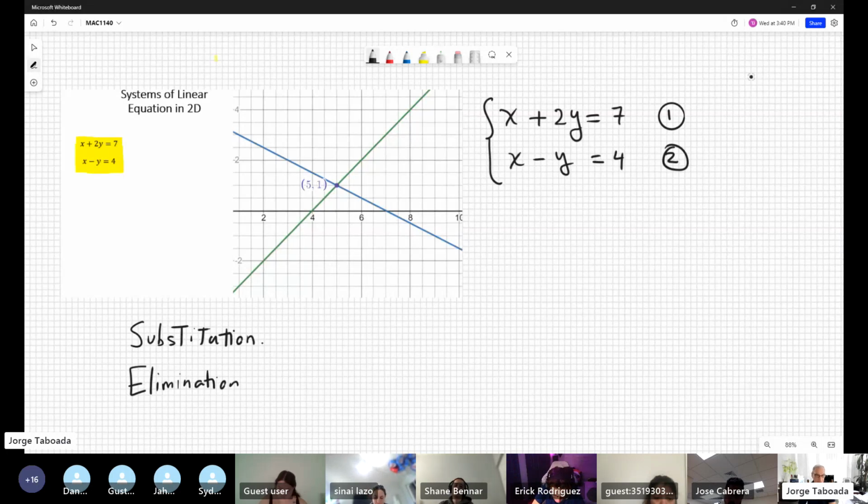However, it's easier solving the system using substitution when the coefficient in at least one variable is 1 or negative 1, because you avoid fractions. However, elimination, no. Elimination is universal, and this is, in my opinion, the best method that we use. And we use substitution only in one particular example in which the coefficient is 1 or negative 1. The coefficient in front of the variable, I try to say.